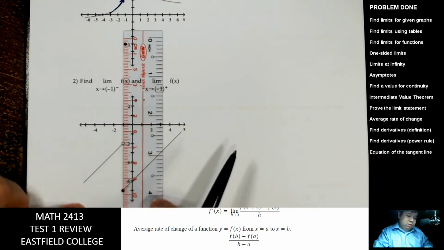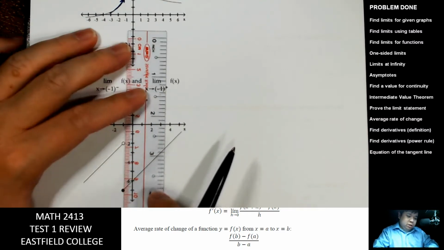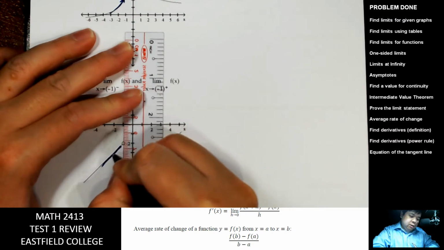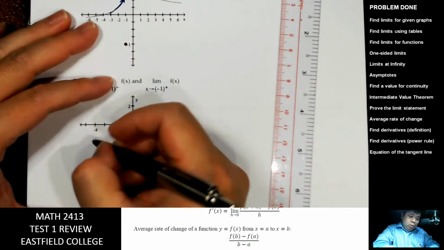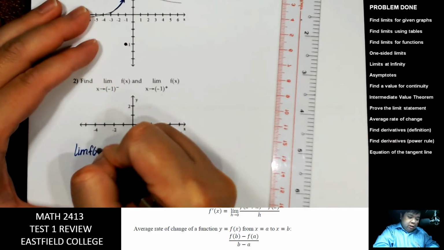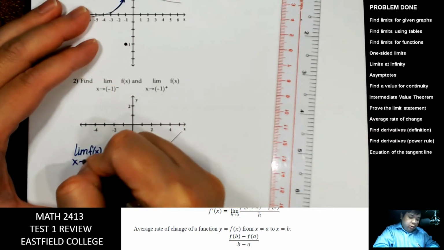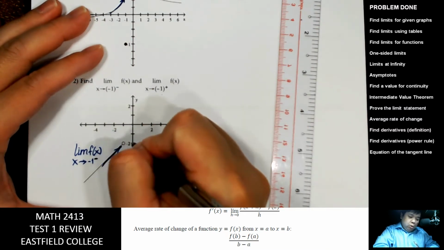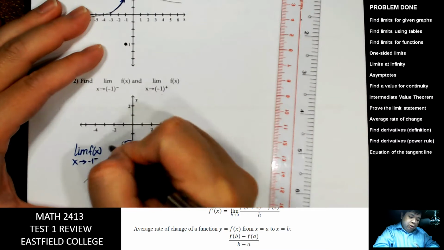So we say the limit of the function when x goes to -1 from the left equals -2.